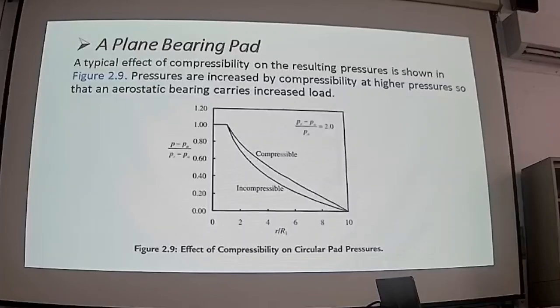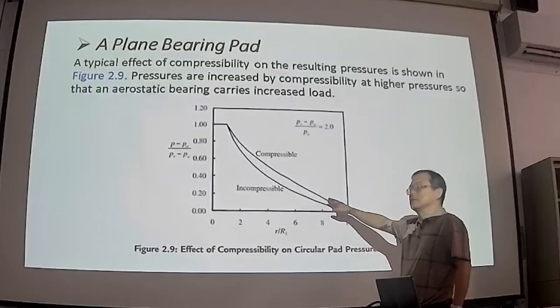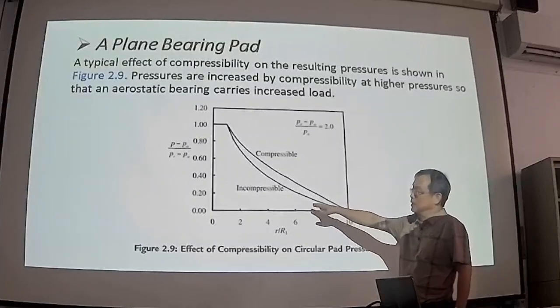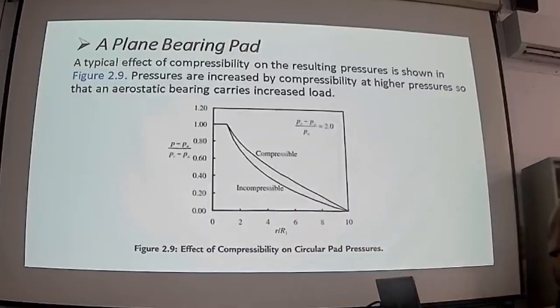For the air bearing, the recess will usually be compressible if the supply pressure is greater than 6 bar. For the hydrostatic bearing, if your supply pressure is higher than 60, it will be compressible. If it's lower than 60, the lubricant is usually considered incompressible. So it follows this curve.